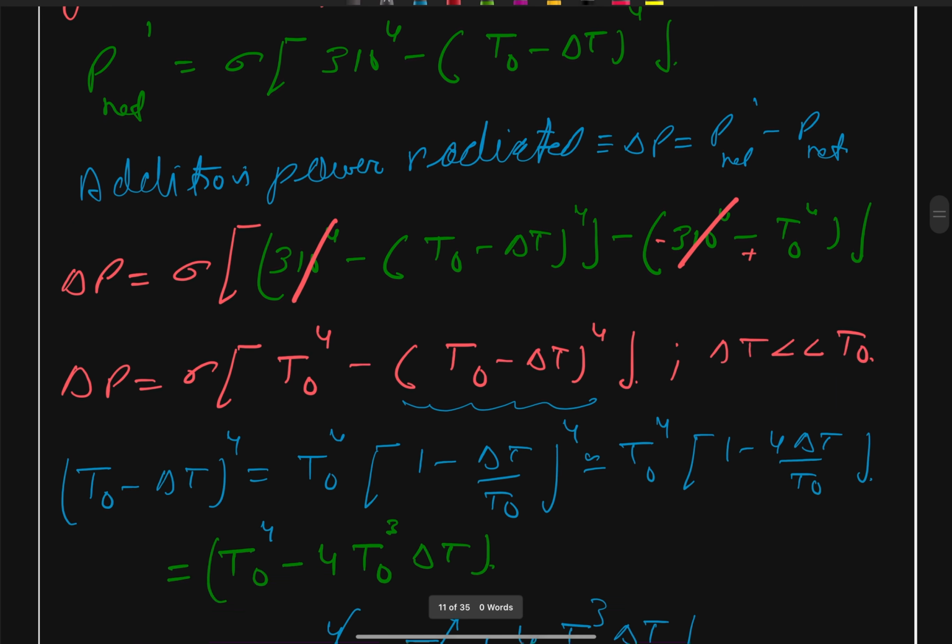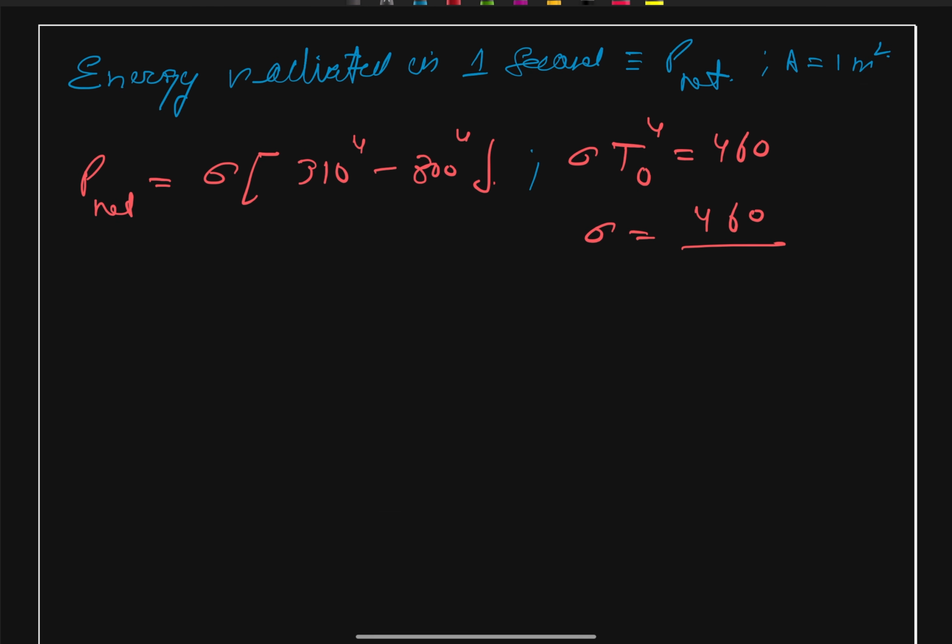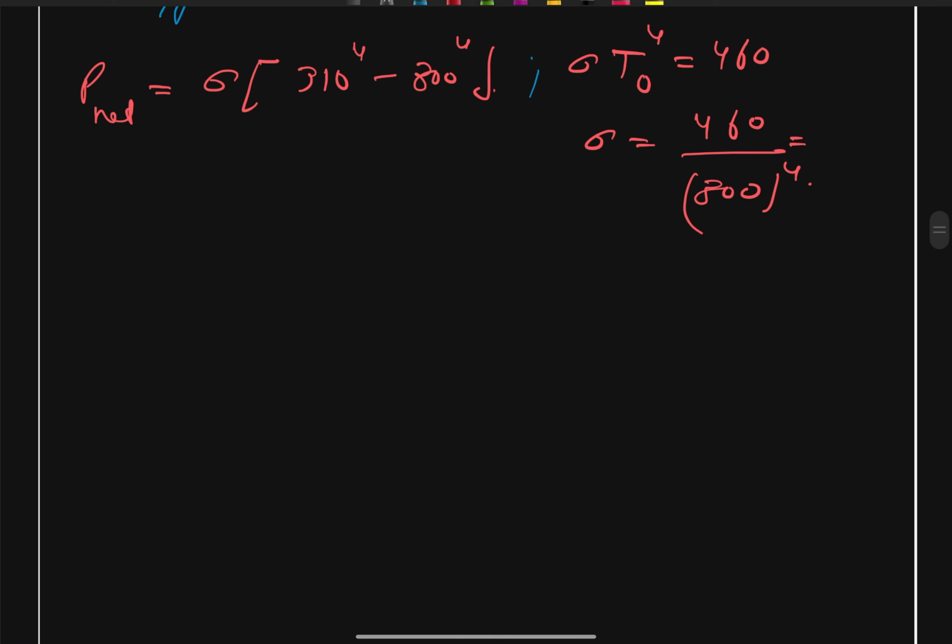So we can just find it out. So sigma times T naught, 300 whole raised to power 4, is equal to 460, and this will be coming equal to 5.679 times 10 to the power minus 8.